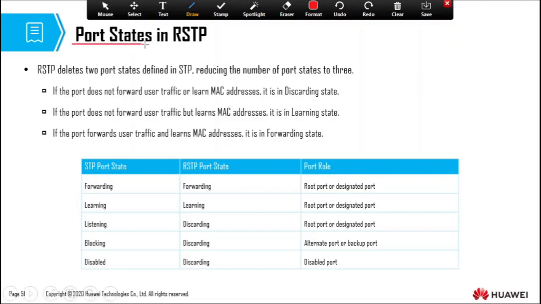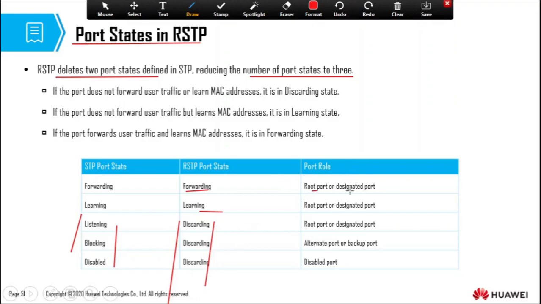So, port states in RSTP. RSTP deletes two port states that were defined in STP, reducing the port states to just 3. So we have forwarding, we have learning, and all the rest that were in STP, listening, blocking, and disabled, are all referred to as discarding.